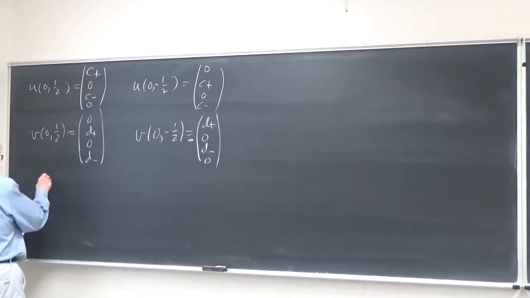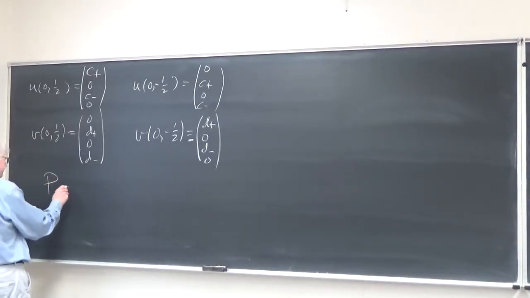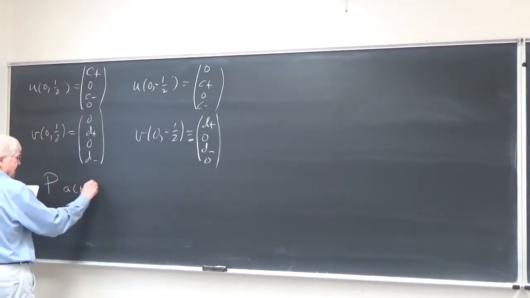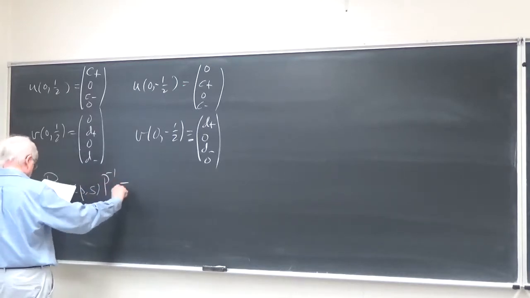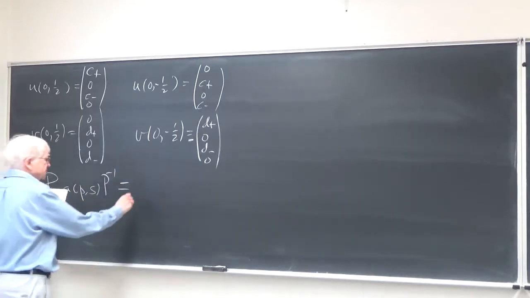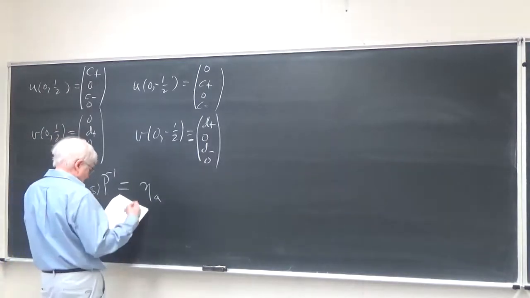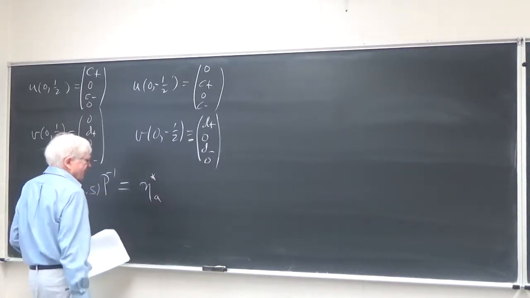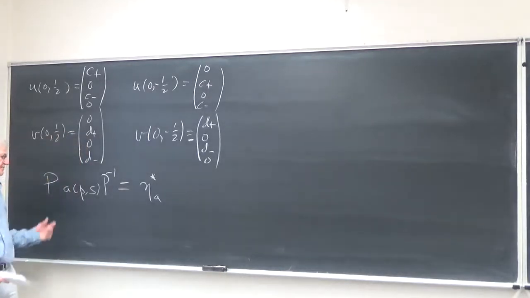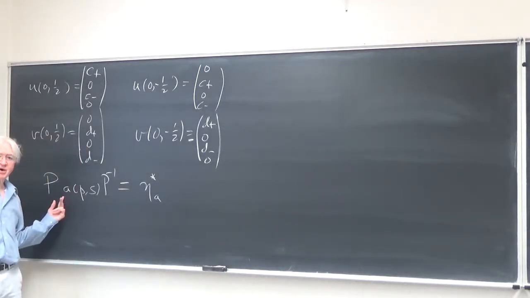The idea is that, first of all, under parity, you expect that A of P and S should go into some phase associated with particle A. We have a complex conjugation because the phase is really associated with the particle, which is formed by the creation operator.